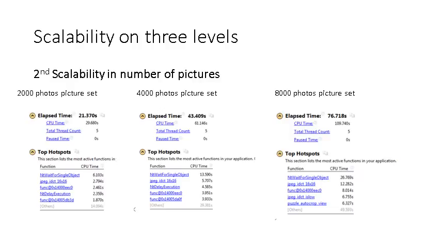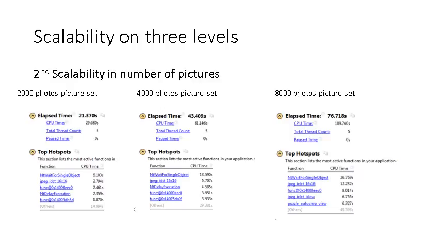The second level of scalability is between different numbers of photos in the dataset. We had some tests with 3 databases of pictures with 2000, 4000 and 8000 photos, and here we have execution time and CPU time for the three basic profilings.